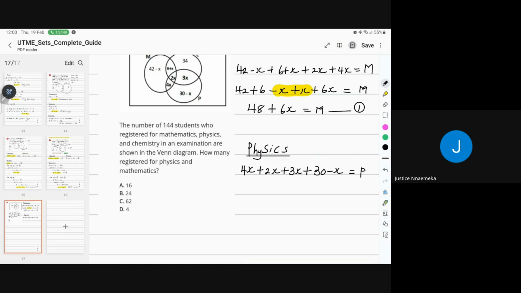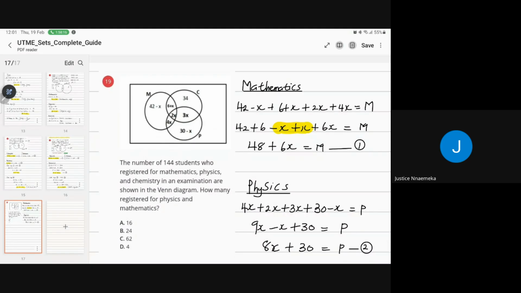So 4x plus 2x is 6x. 6x plus 3x is 9x. So I have 8x plus 30 equal p. This is our equation number 2. Good.